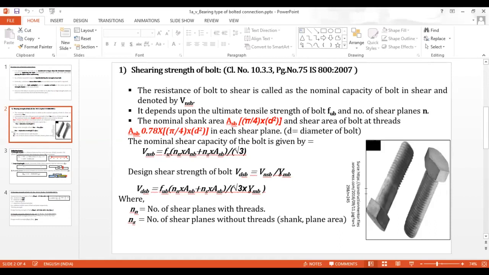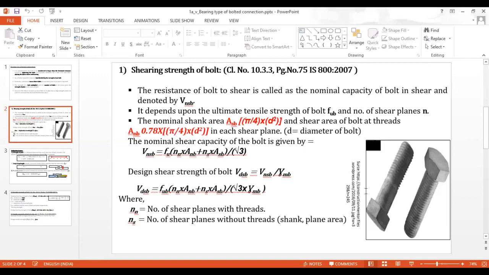If the shear failure occurs in the threaded portion, in the case of single shear we assume that NS is equal to 0, that is, the shear in the shank portion is 0, and vice versa.